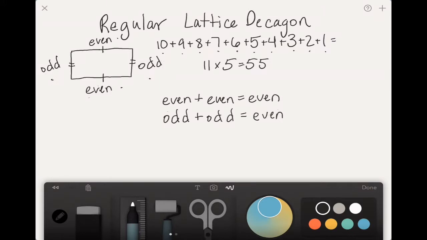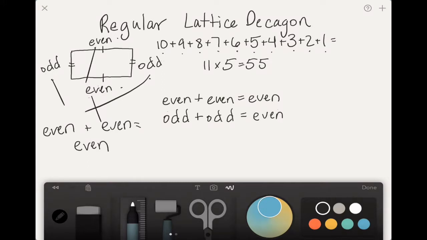So what are the combinations here? Well, it could be just like this picture, which would mean that these two sides added together, an odd plus an odd is an even, and then an even plus an even is an even. So the whole perimeter is going to be even plus even. And that would mean the perimeter has to be even.